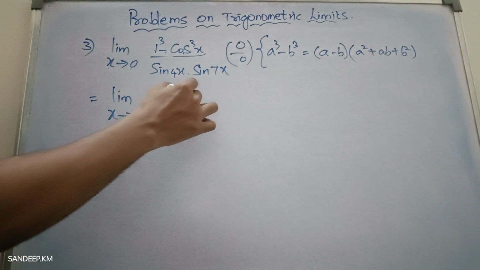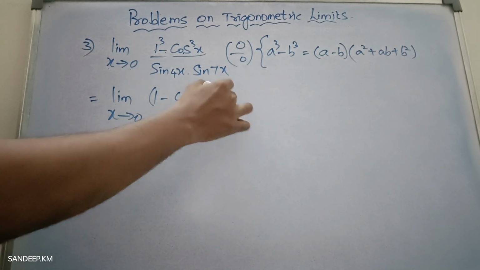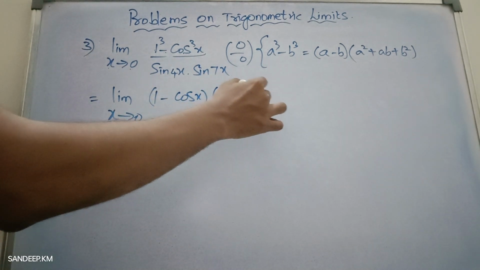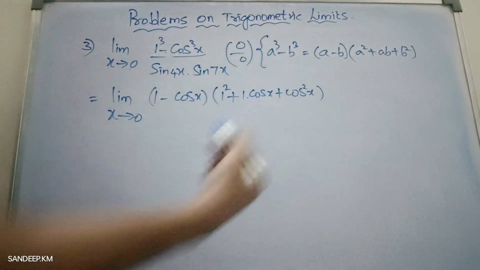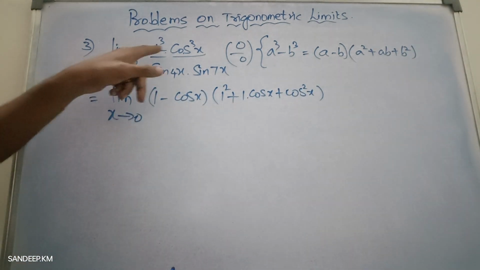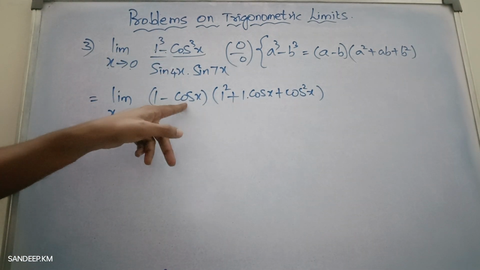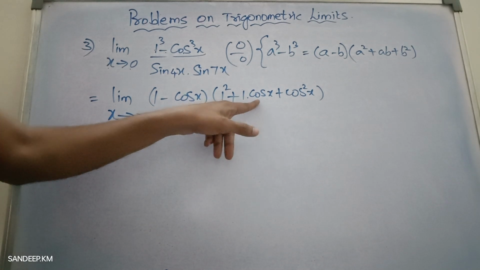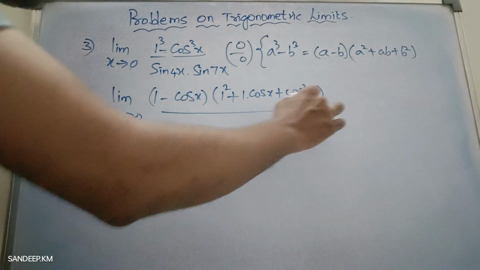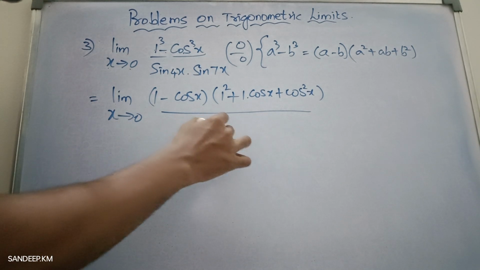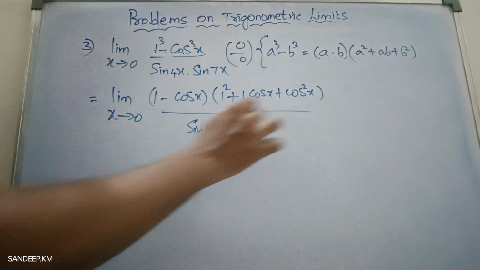A minus b into a square plus a into b plus b square. Correct or not? Here a is 1 and b is cos x. So a minus b into a square plus ab plus b square. I have used this identity. Whole divided by sin 4x into sin 7x as it is.